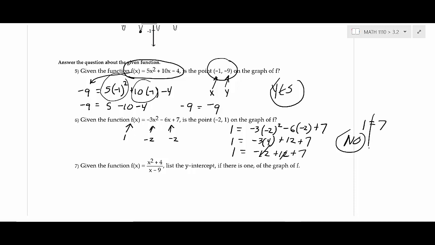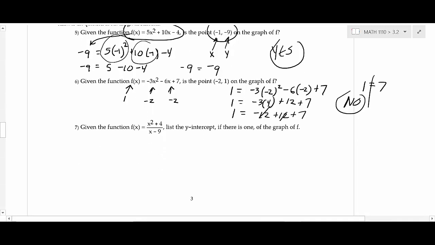Okay, next thing we want to look at is, you're given this function and we want to look at the y-intercepts, if there is one. First of all, a y-intercept is always going to look like 0, comma something, right? Because if you're on the y-axis, x is 0 and you're just up or down.